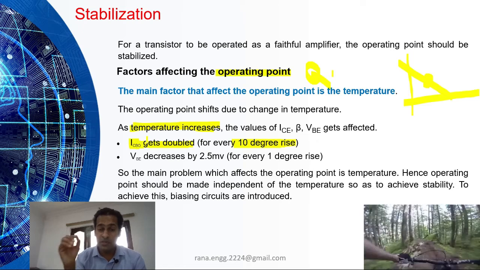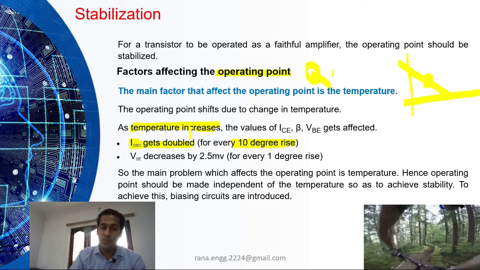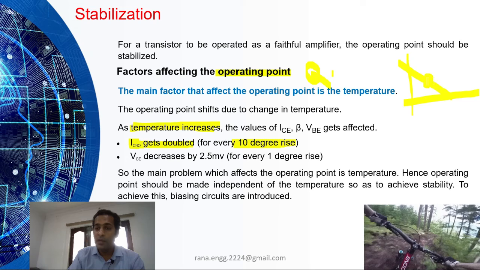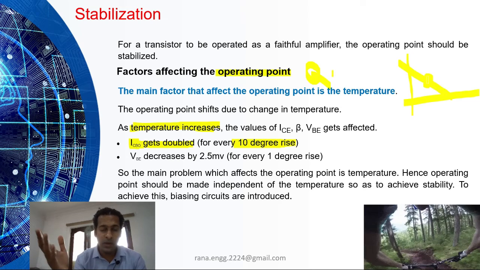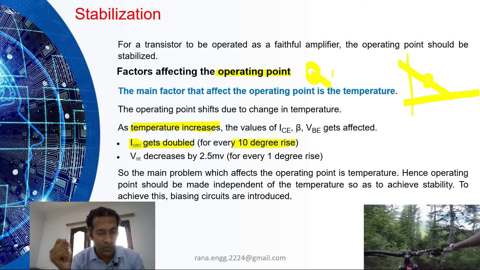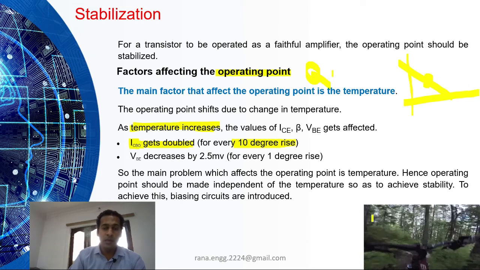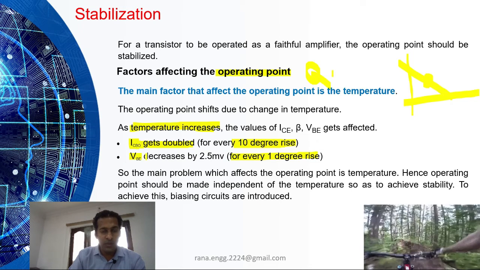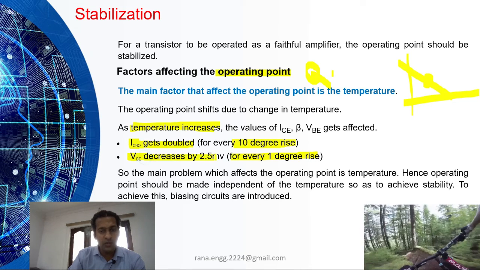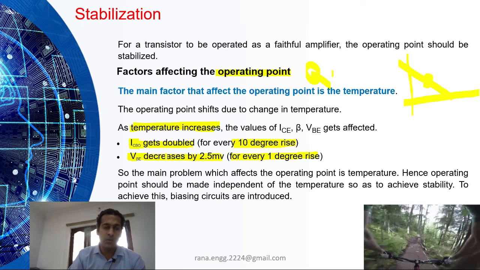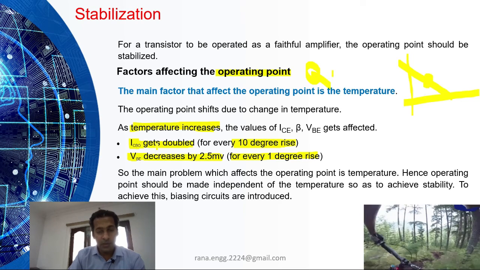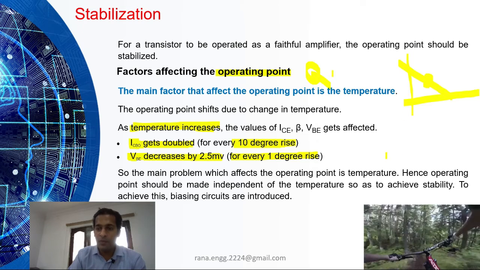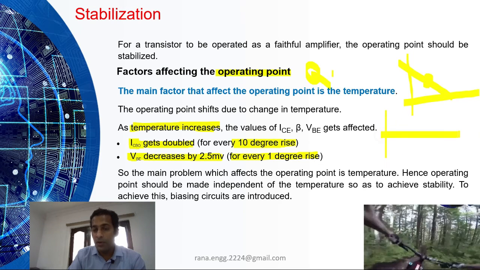That means your leakage current is increasing, which changes the other values, shifts the Q point, and the device will not be an amplifier anymore. Similarly, for every 1 degree rise, VBE, the base voltage, decreases by 2.5 millivolts. So these parameters will affect the stabilization. It will not give us the amplification in the proper, desired way.